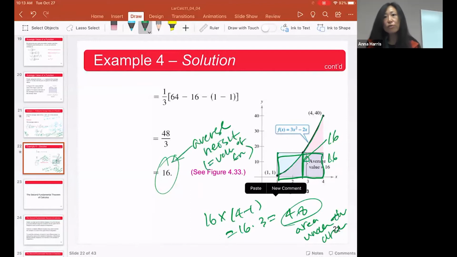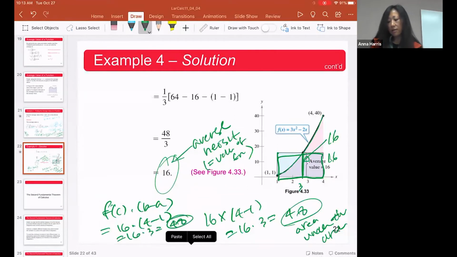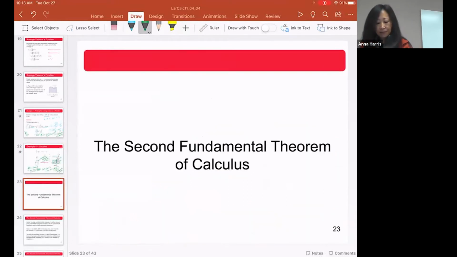If they're asking you to find the area under the curve, what would you do? You just multiply by f of c times b minus a, which is 16 times 4 minus 1, which is 16 times 3, which gives you 48.